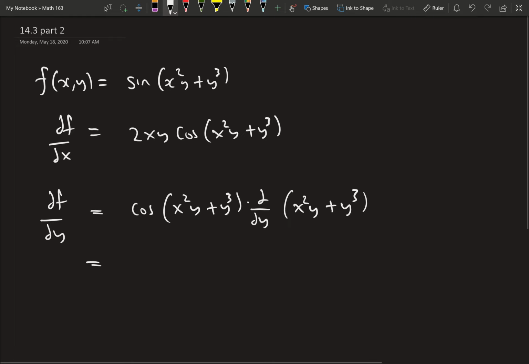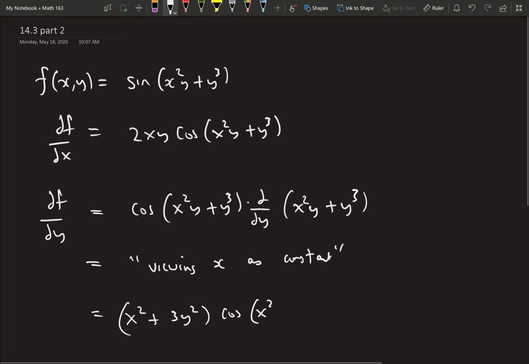Now remember, we're viewing x as a constant. So x squared is like a number, we just get x squared left over, x squared plus 3y squared times the cosine of x squared y plus y cubed.